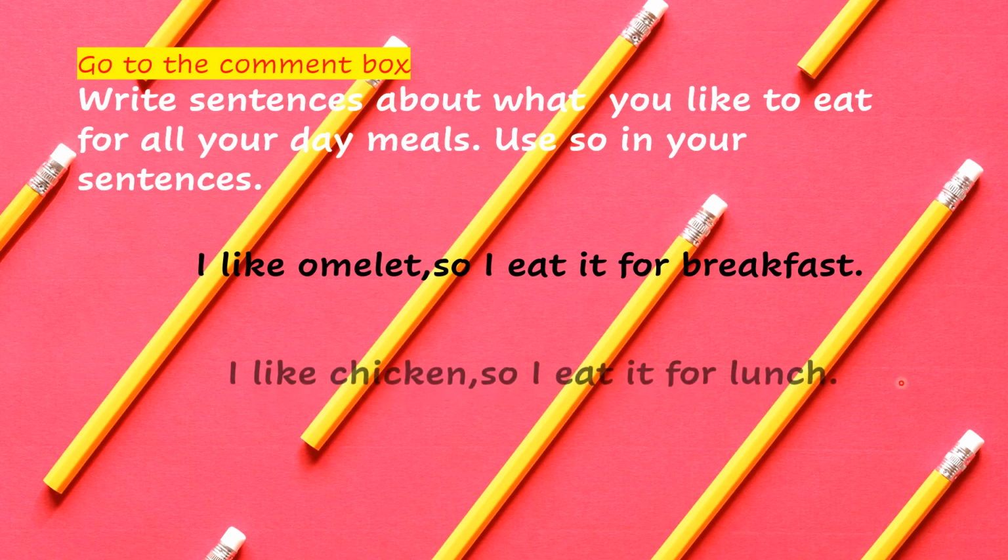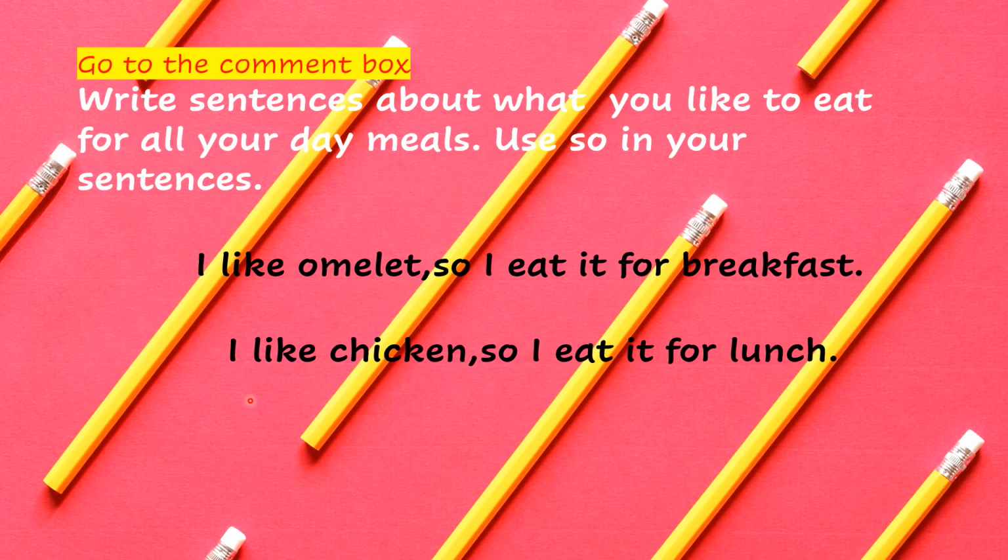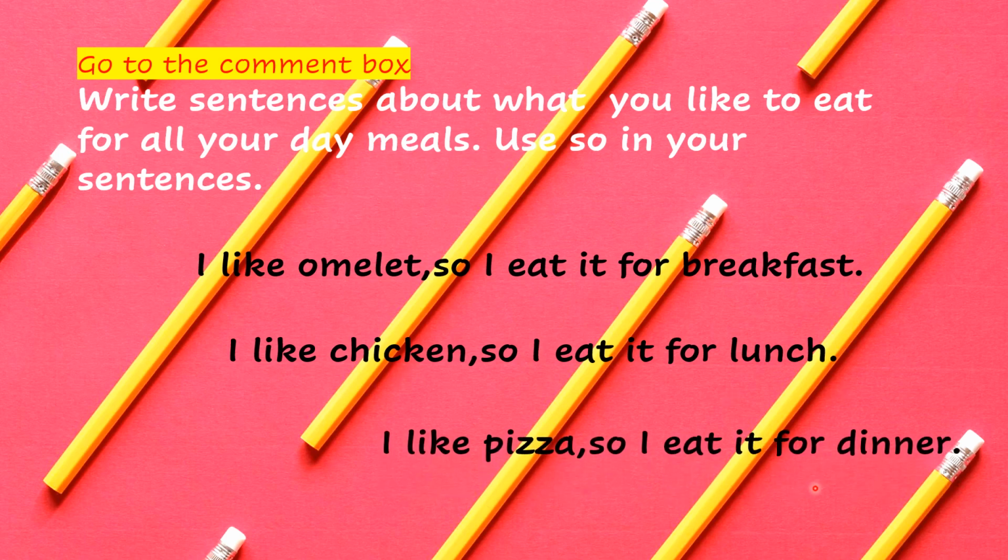What about lunch? I like chicken, so I eat it for lunch. Because I like chicken, I eat it for lunch. What about dinner? I like pizza very much, so I eat it for dinner.